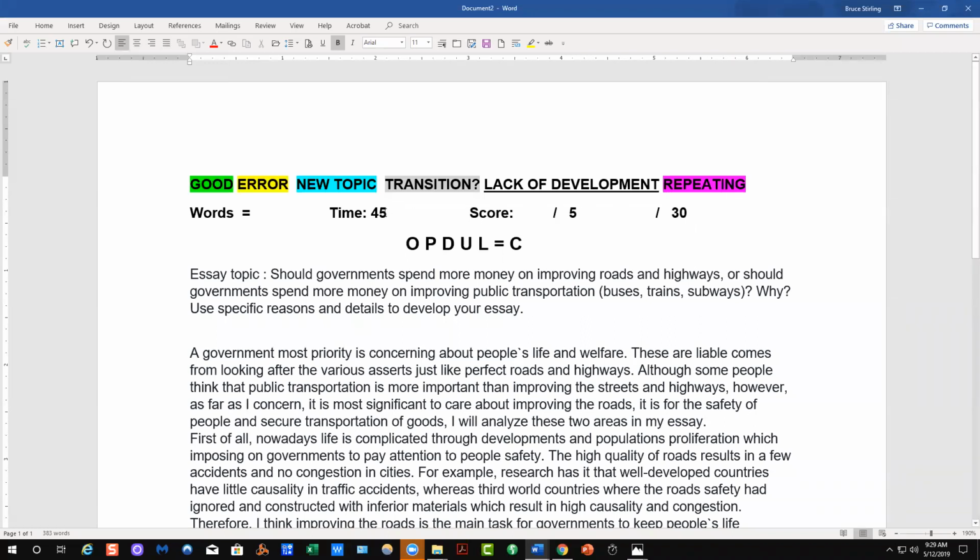Because remember, it's very important to identify how long it took you to write the essay. If you write an essay, even if it's 31 minutes, that's too long. You have a minute extra, which means you could correct something and get a higher score. So it's really important to write an independent essay in 30 minutes or less.